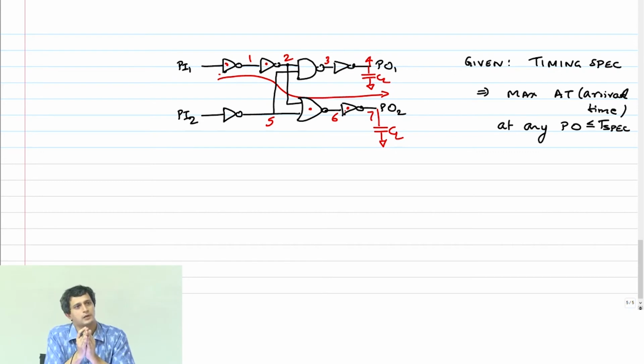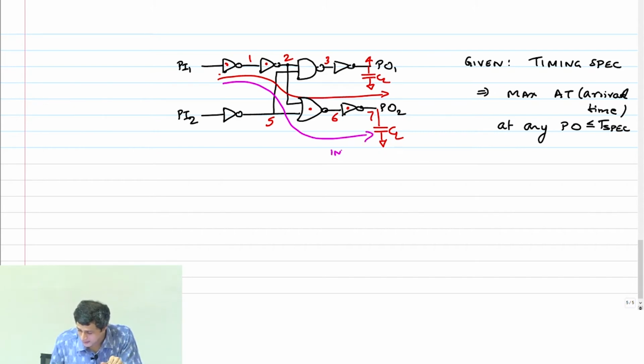You will end up upsizing the gates progressively. From input to output, the gate sizes will start going up, or the capacitance starts going up by what factor? Stage effort. It goes up by the factor of the stage effort, right? Therefore, this will be increasing size.